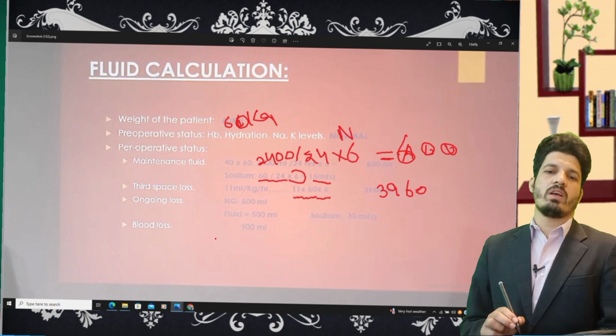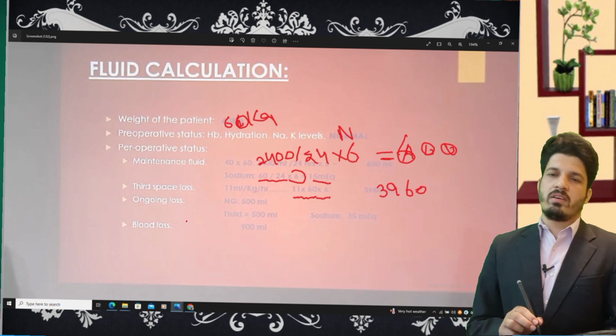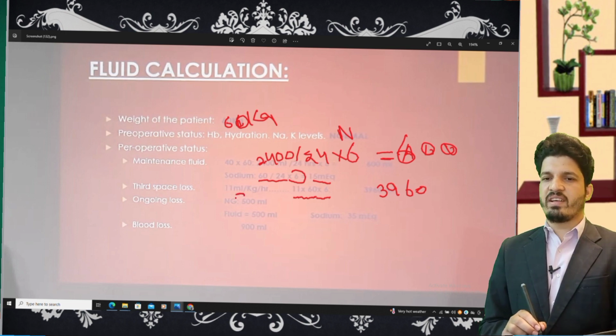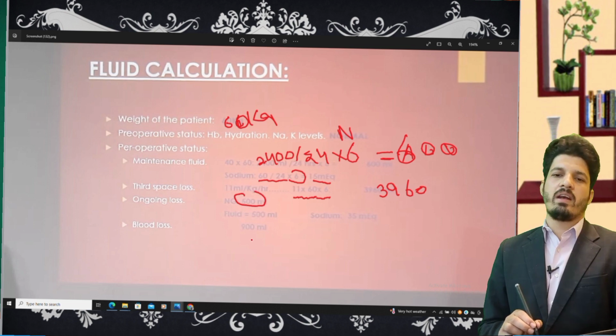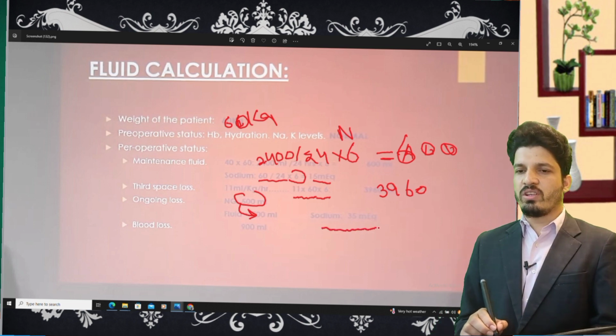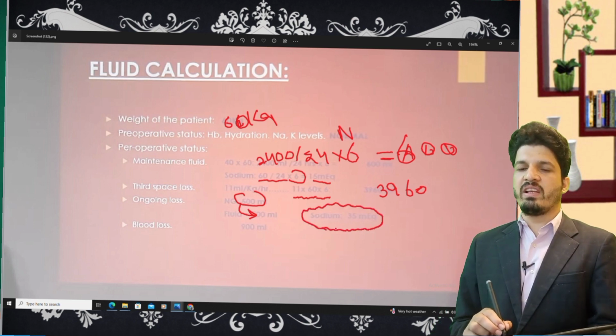Okay, and ongoing losses in the NG in the 6 hours, it's 500 ml. So in the NG the fluid is 500 ml, and the sodium is 35 milliequivalent.